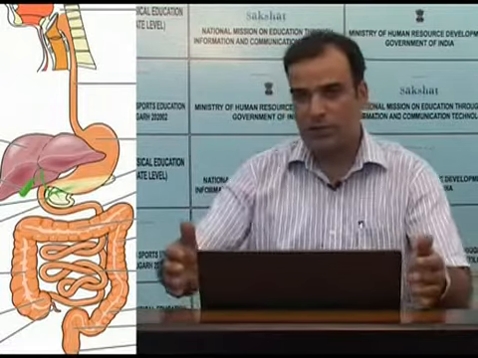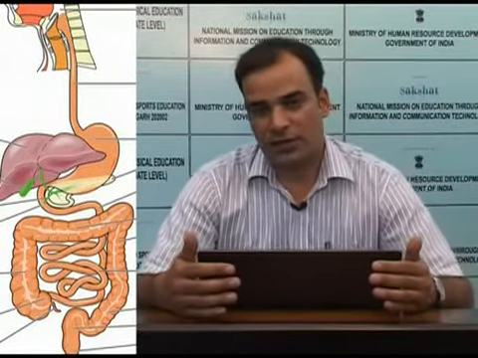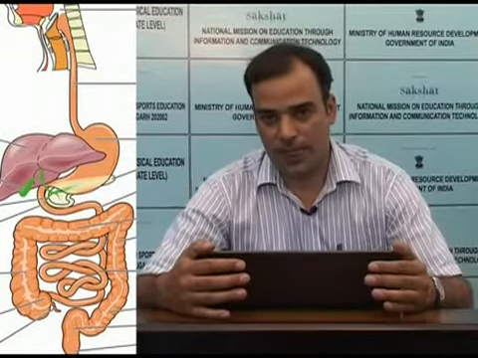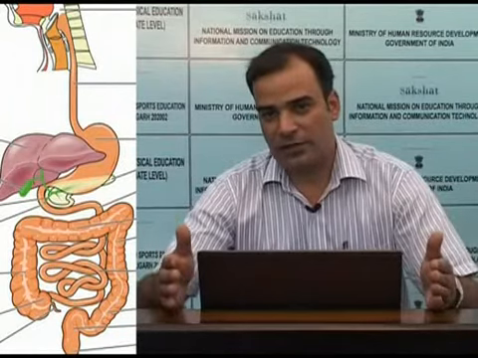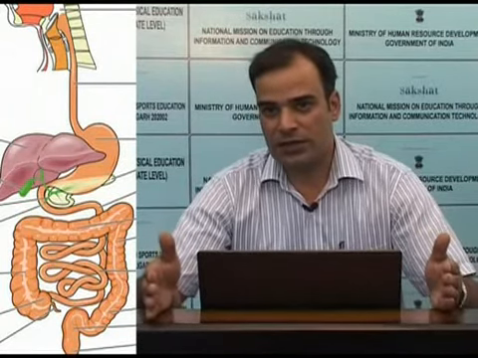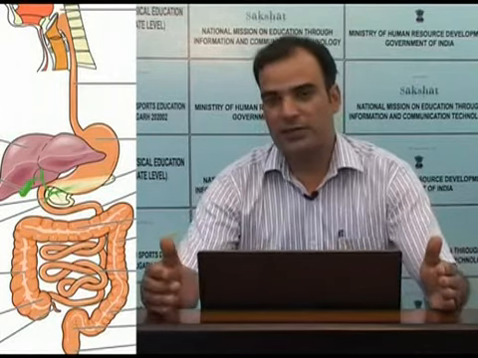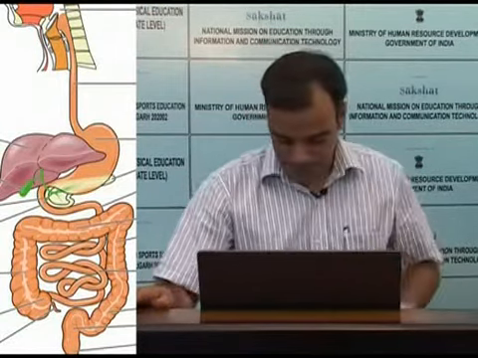Now, the second control which controls the functions of the GIT is the hormonal control. As I said earlier, GIT is controlled both by the nervous system and the endocrine system. We have discussed the nervous system. Now we will be discussing the endocrine system, that is, the hormones that control the functions of the GIT.